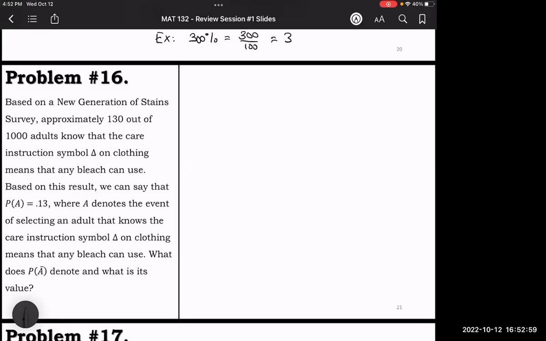What does the probability of A bar denote, and what is its value? What is the difference between these two notations, probability of A and probability of A bar? Don't say the obvious, that one has a bar and the other doesn't. They have a significant meaning. You have to know the notation. What do we call these events, A and A bar?